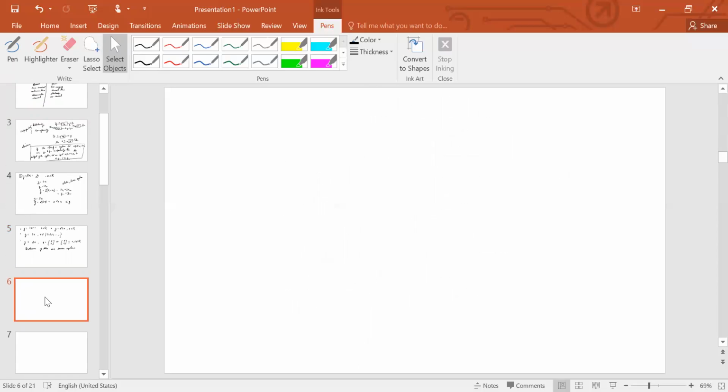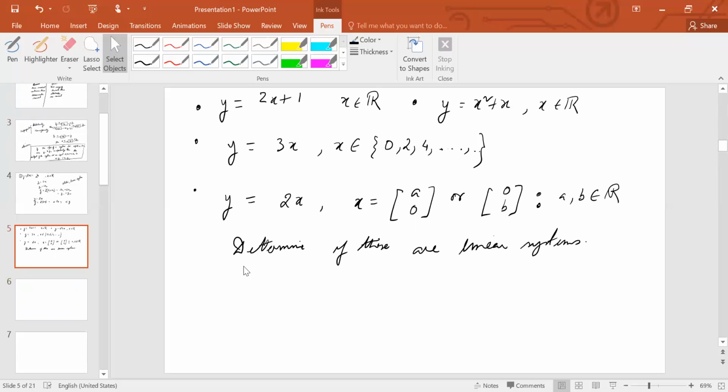Now, let me also add some more questions here, because we've also discussed what static and dynamic systems are, so maybe you should be able to also determine them. So this is the first exercise that you do.